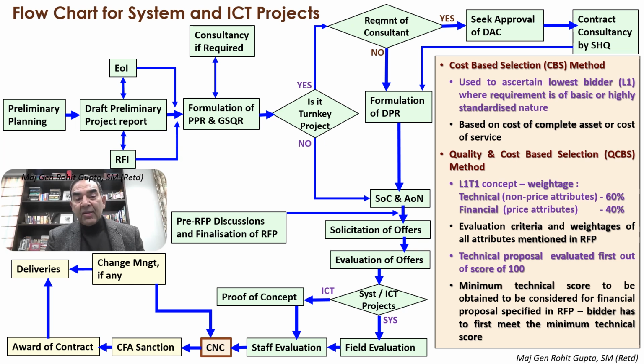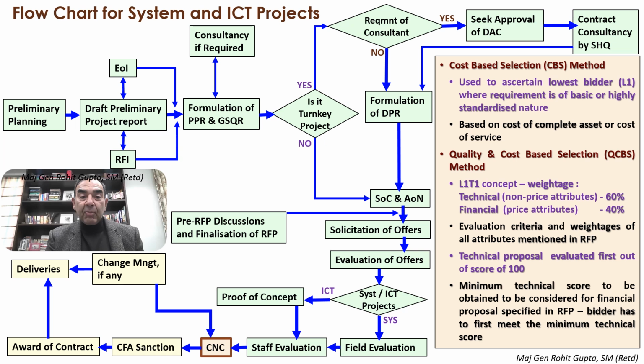In this, weightages are given. For the technical portion, there is a weightage of 60%. These are the non-price attributes, the technical capability of the particular system being provided. For the financial criteria, which are the price attribute, a 40% weightage is provided.